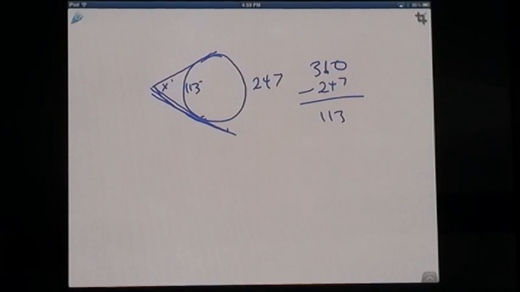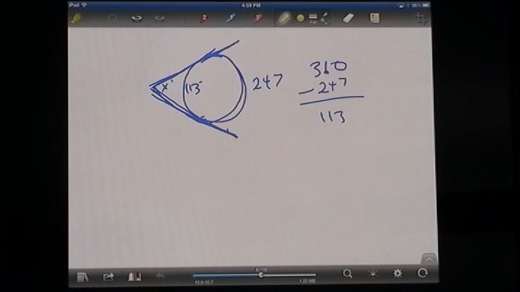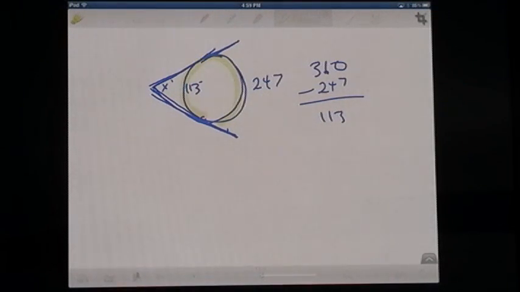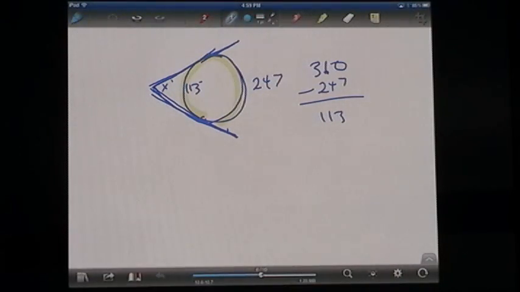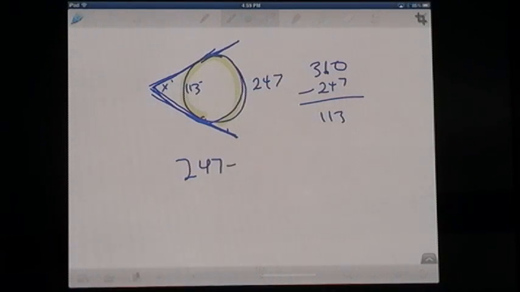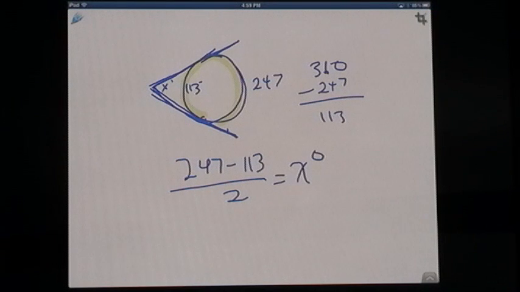Now, since our two segments cross on the outside of the circle, we know we have to subtract these two arcs and then divide by 2. So we set about doing that. 247 minus 113 divided by 2 is equal to x degrees. That's 134 divided by 2.